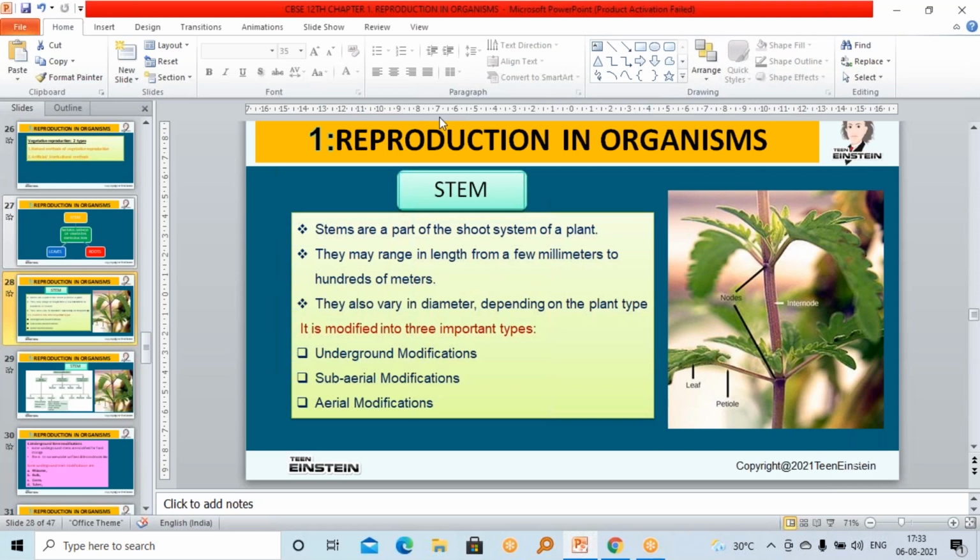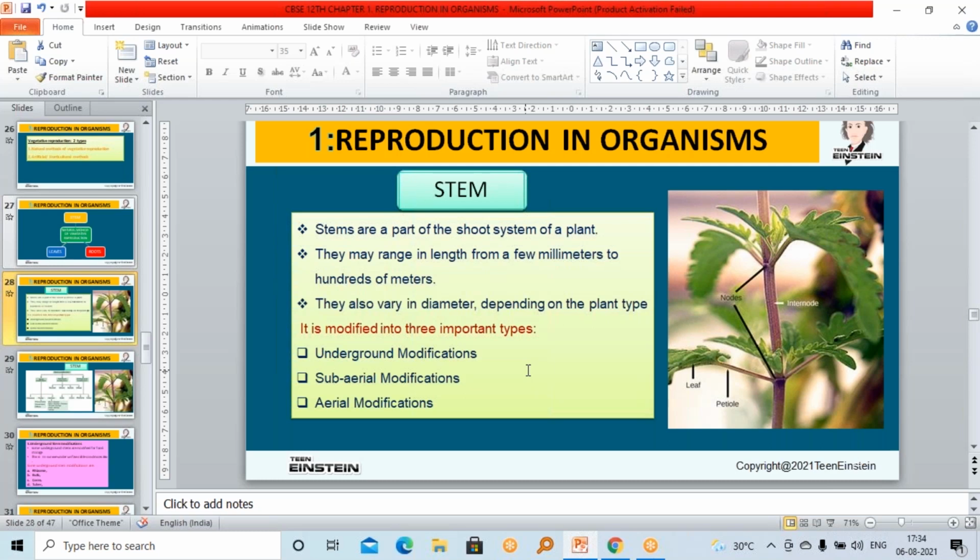Apart from that, they perform other functions also, and these stems are in modified forms. They help in storage of food, support, vegetative propagation, and protection. So this type of stem is normally called a modified stem.